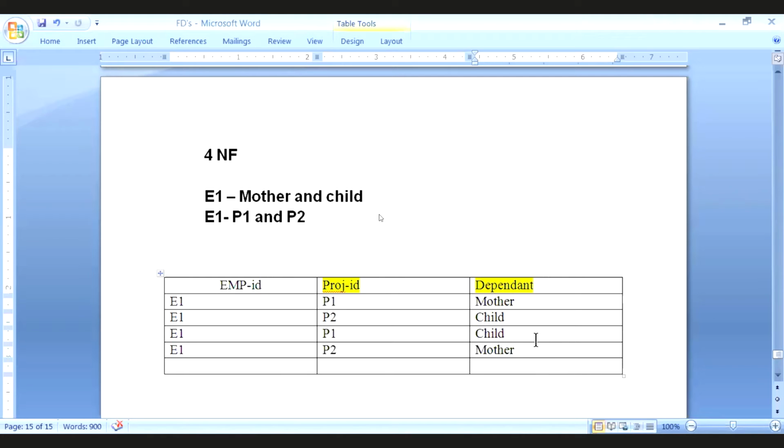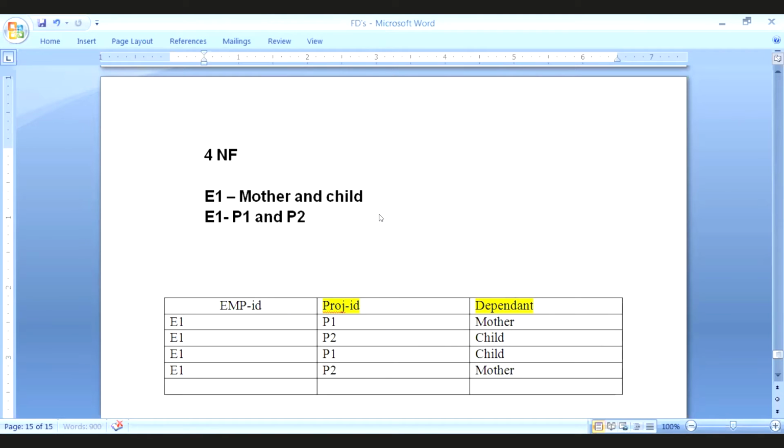In this sort of scenario, we will get some special FDs. Those FDs are known as multi-valued dependencies.